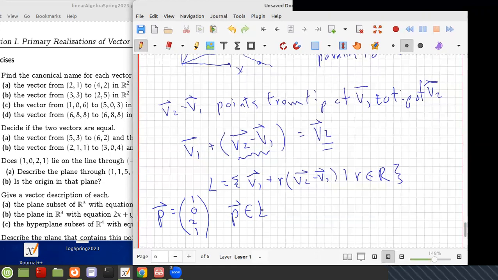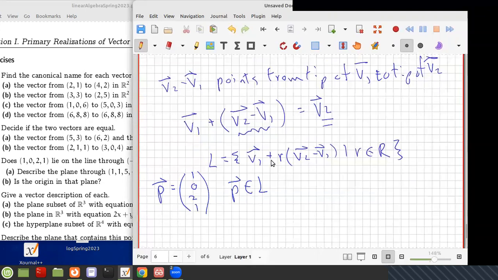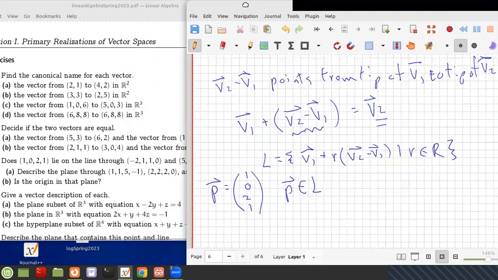We're asking whether this particular vector is in this set. Well, that would mean finding an R such that it's true. What's V1? Well, we're given V1 here. V1 equals -2, 1, 1, 0. That's V1.